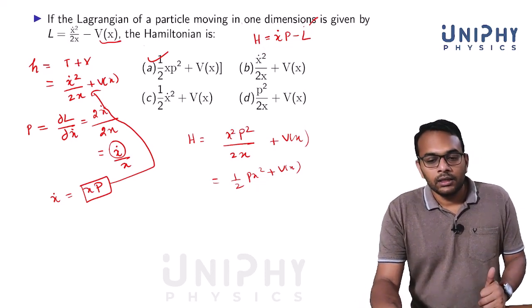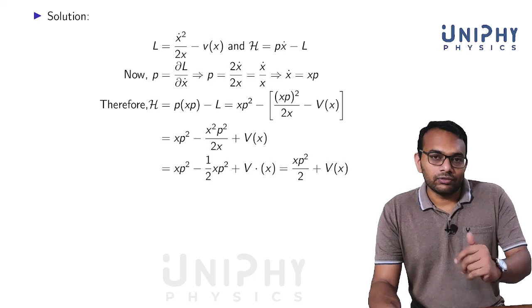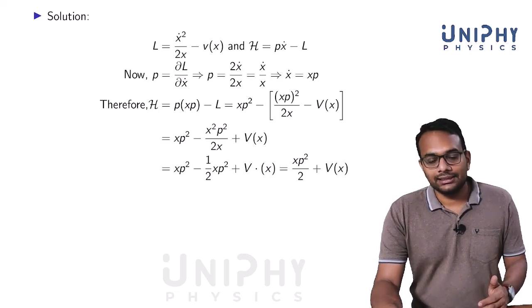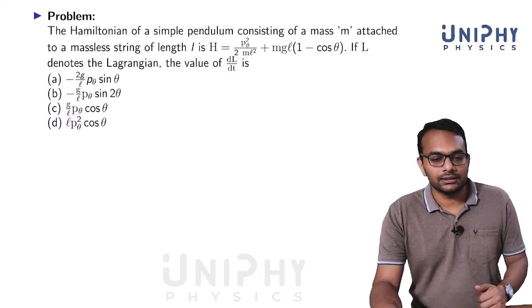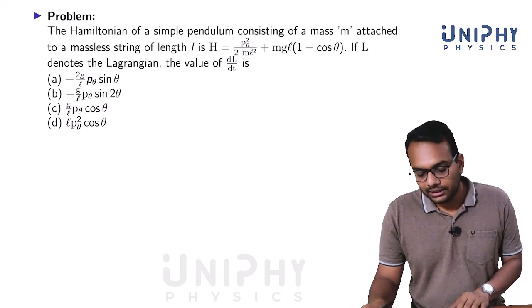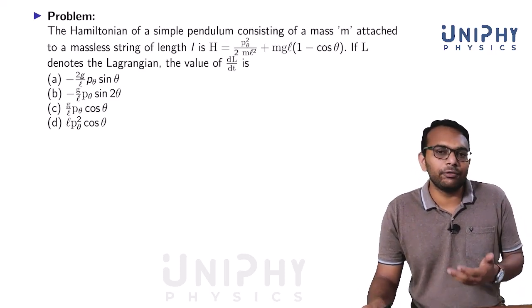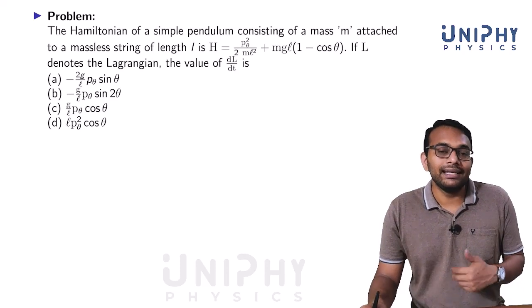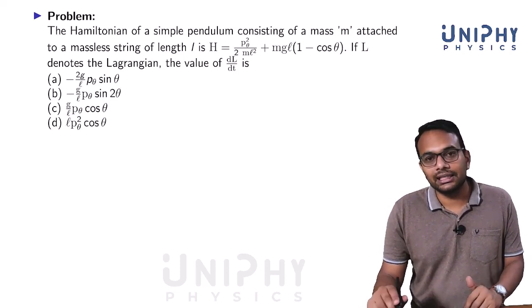That's the way I have solved it in your notes, so you can check that. It's easy, you should practice both these methods. But in a competitive examination, it will save you a lot of time if you immediately know that the Hamiltonian can be written as T plus V.